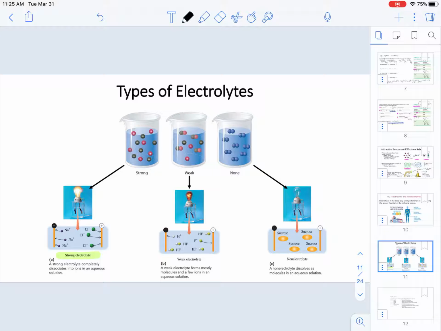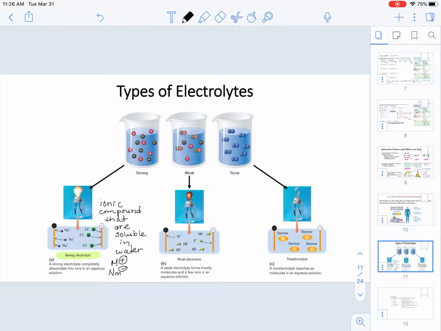So by definition, these are going to be ionic compounds that are soluble in water. What that implies is that we're going to have a metal that is going to form a cation and a non-metal that is going to form an anion.